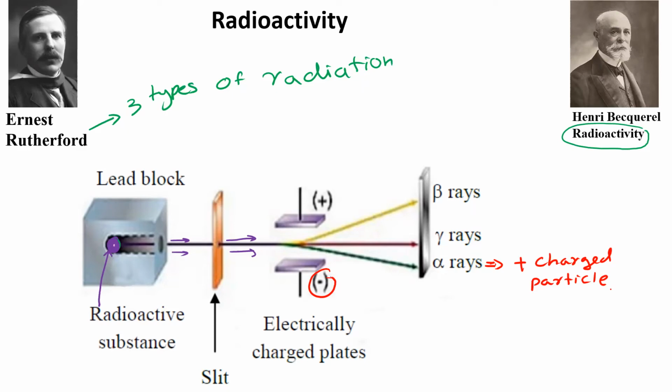And then he noticed there is another type of radiation that is attracted towards the positively charged plate. So if something is attracted towards a positive charge, that something should be negatively charged. And then he found these beta rays, they are negatively charged.